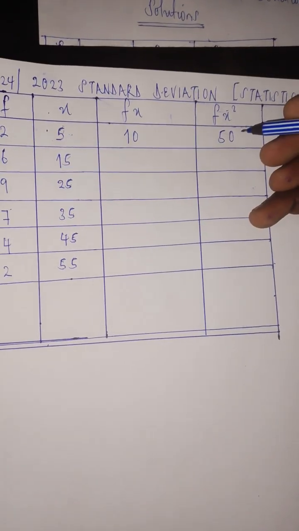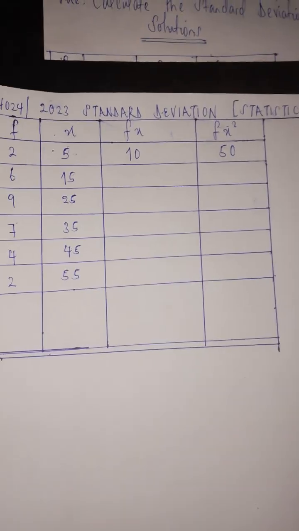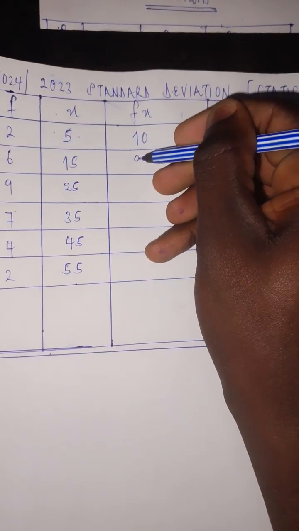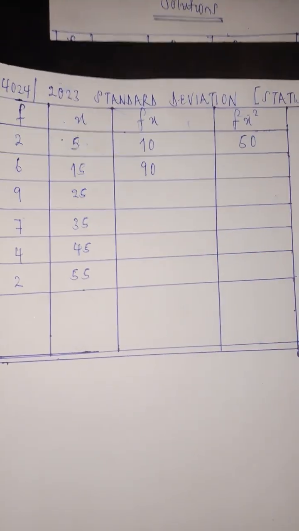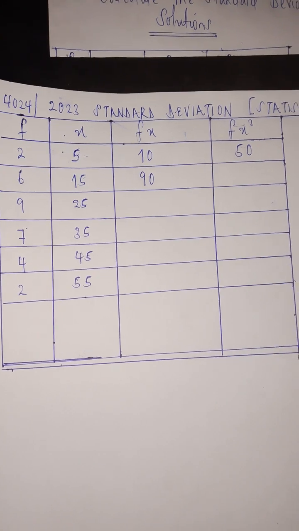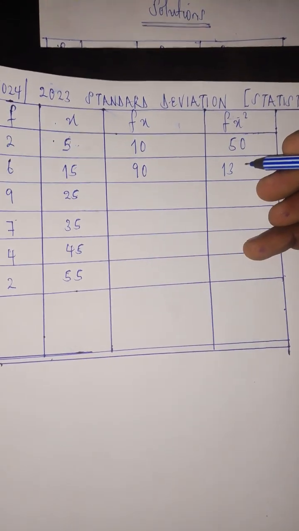Then 6 by 15, that is 90. Then 90 by 15, that is 1350.